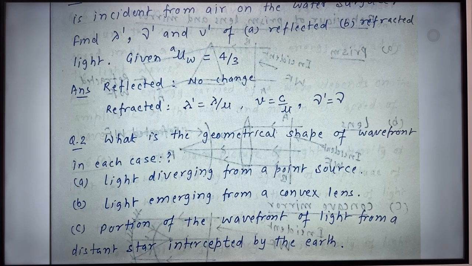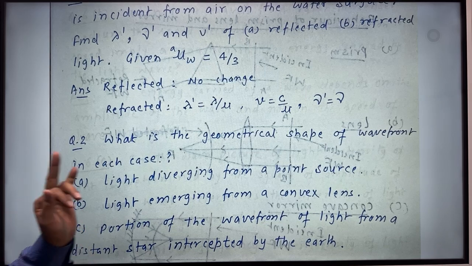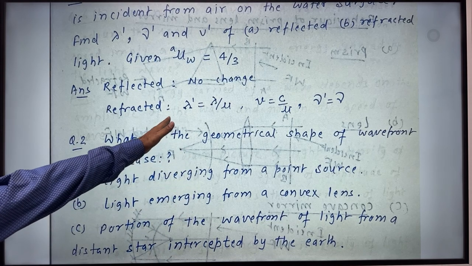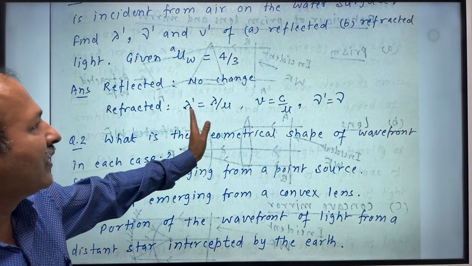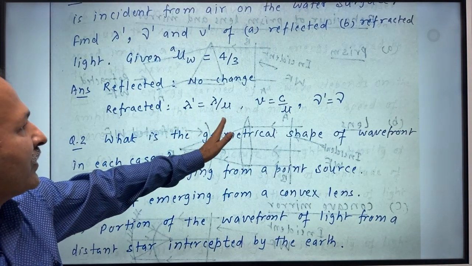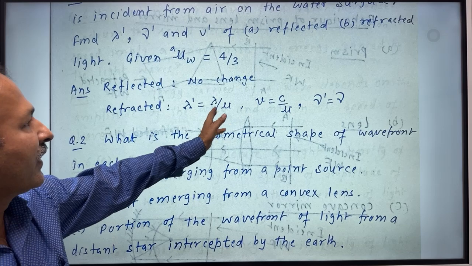But in case of refracted light, as I told you, speed will change, frequency will remain intact, and wavelength will also change. Both wavelength and velocity are obtained by dividing by the refractive index.